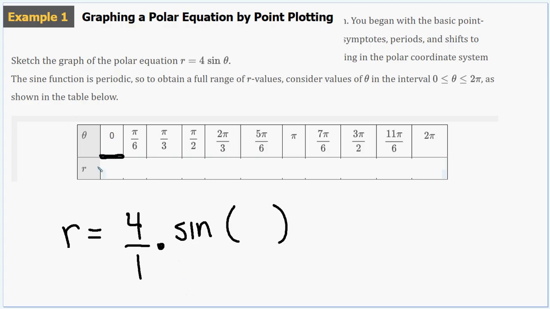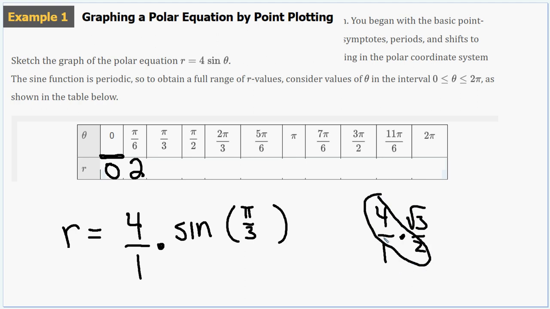Here's our angle 0. The sine of 0 is 0. 4 times that is 0. Now, if I put a pi over 6 in here, the sine of pi over 6 is 1/2. So we're going to have 4 times a half. That's 2. Now, if we plug in pi over 3, the sine at pi over 3 is root 3 over 2.